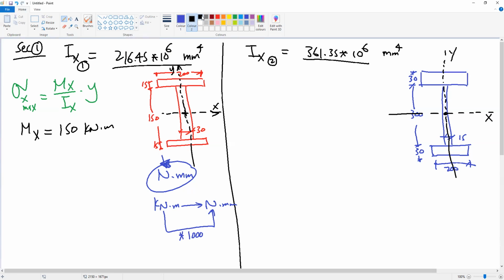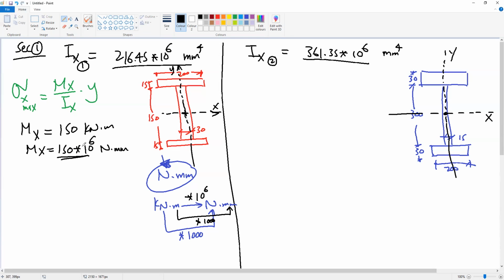To convert from meter to millimeter, we need to multiply by 1000. So from kilonewton meter to Newton millimeter, we need to multiply by 10 to the power 6. So if we have Mx 150 kilonewton meter, this means it is 150 times 10 to the power 6 Newton millimeter.